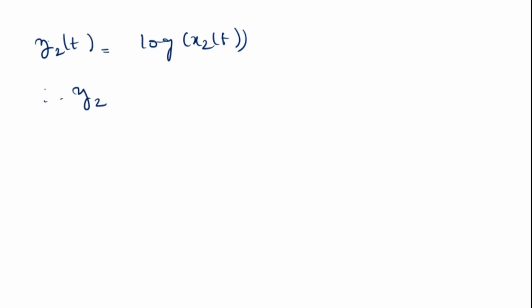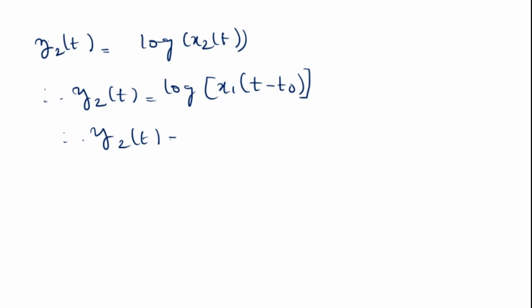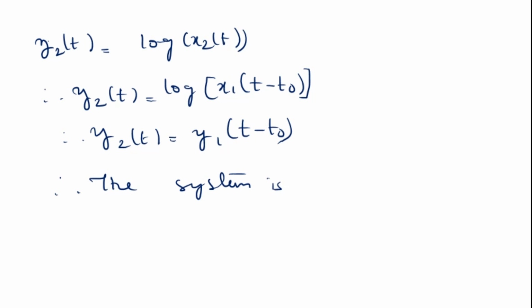Therefore, y2 of t is equal to log of x1 of t minus t naught. y2 of t is equal to y1 of t minus t naught. Therefore, the system is time invariant.